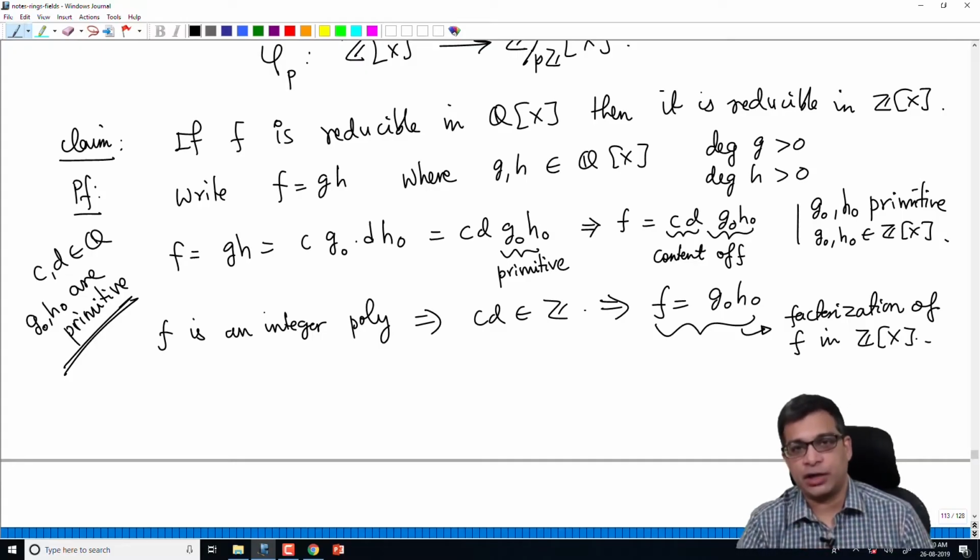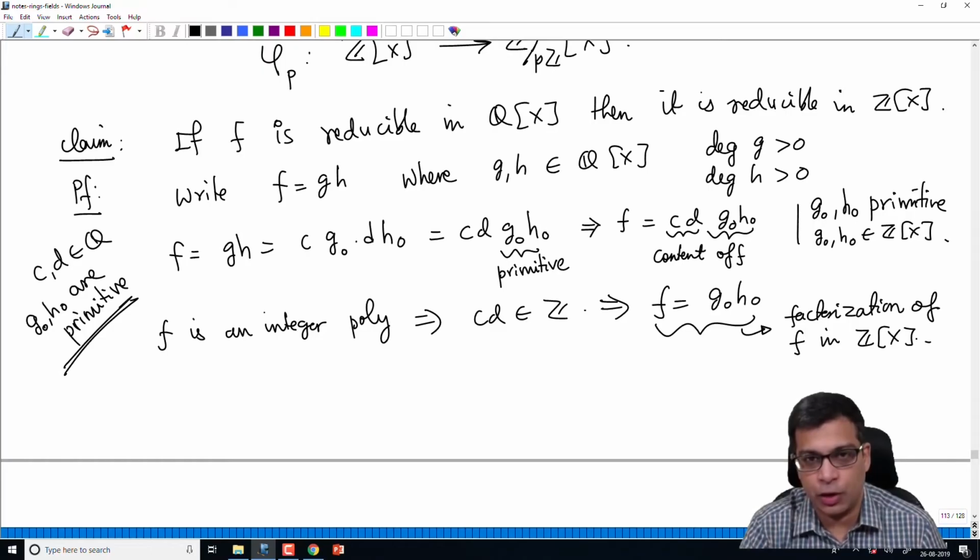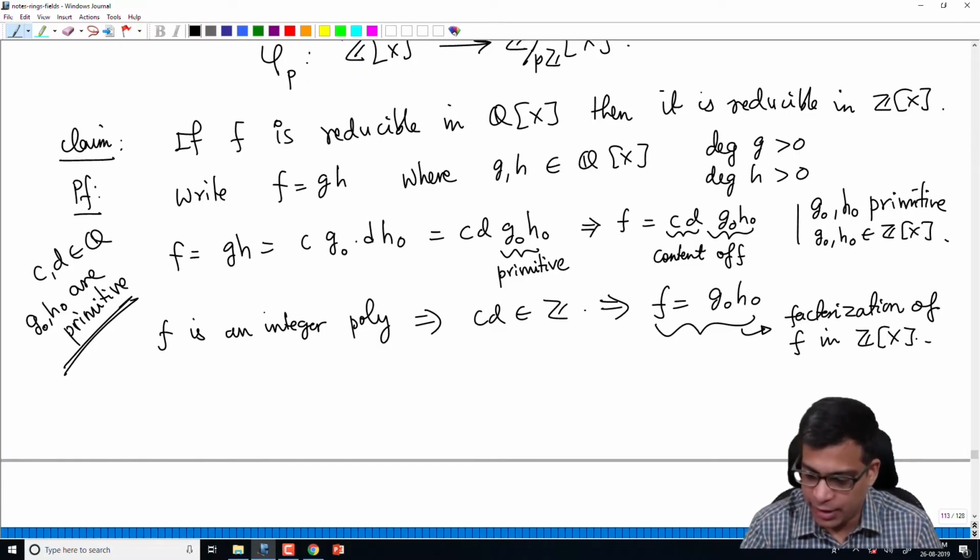That means if we started with the factorization in Q[x], a priori G and H may not be integer polynomials. We may have that they are only rational polynomials. But by writing them as the product of their contents and primitive polynomials and observing that the product of the contents is an integer, we can write this.